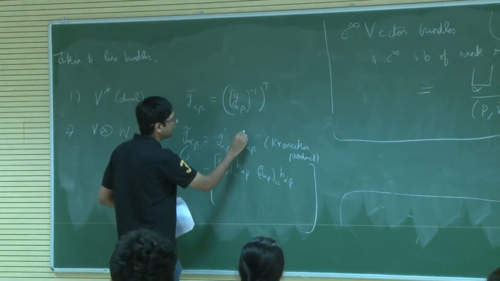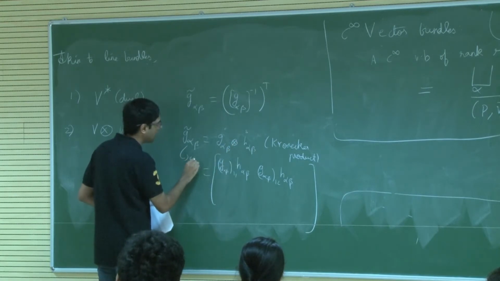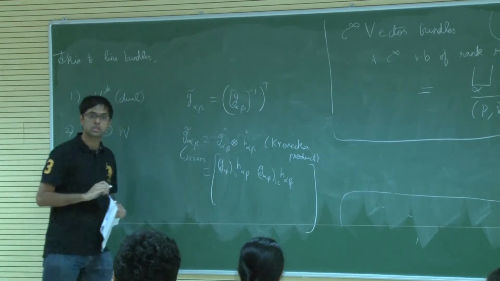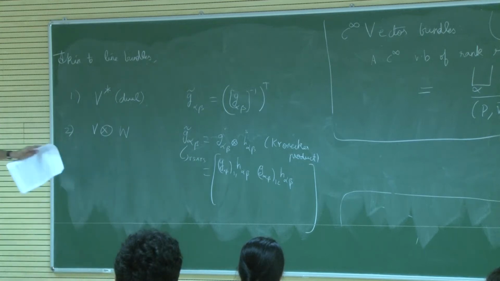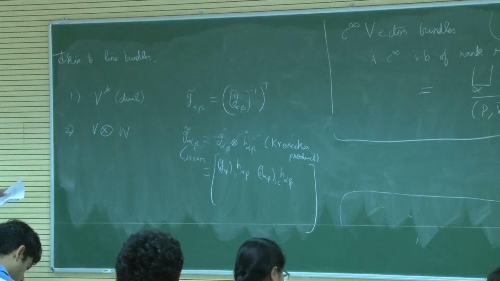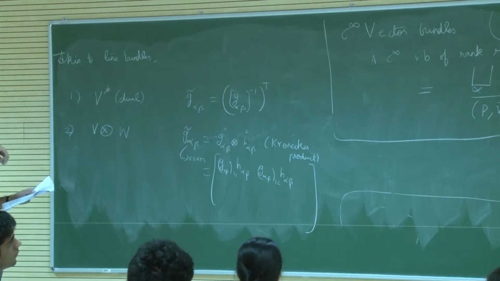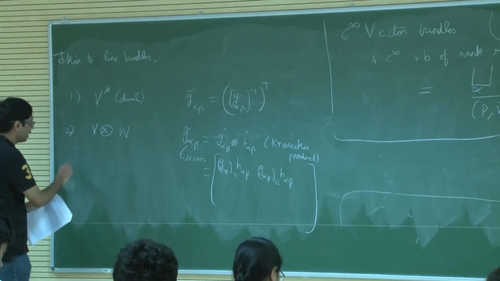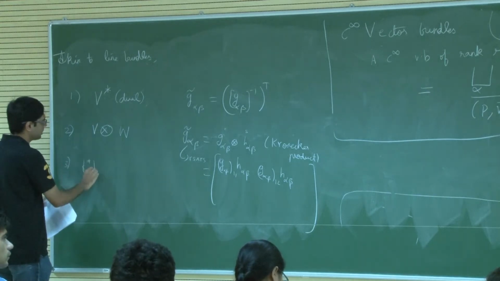Suppose this is rank R and this is rank S. This is an RS cross RS matrix. It's a standard operation in linear algebra, the Kronecker product of matrices. And you have the pullback, etc.